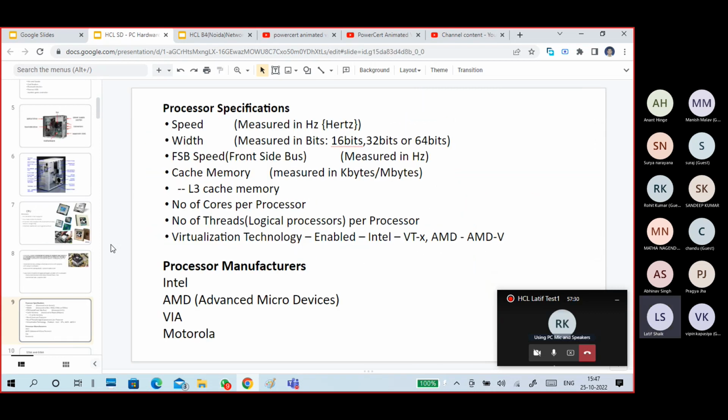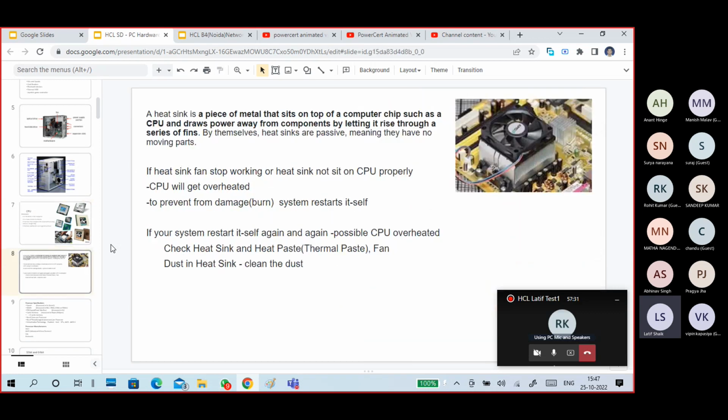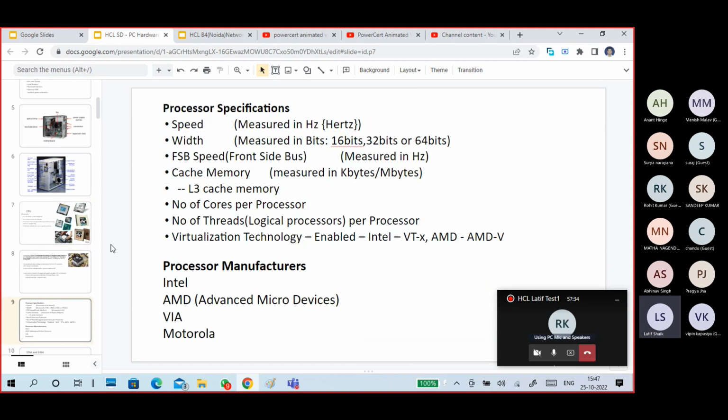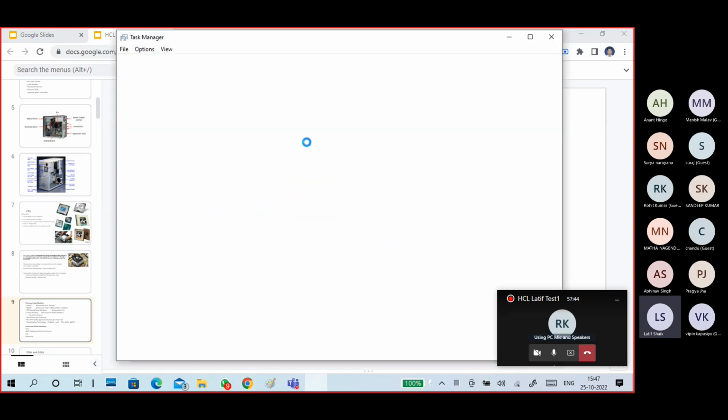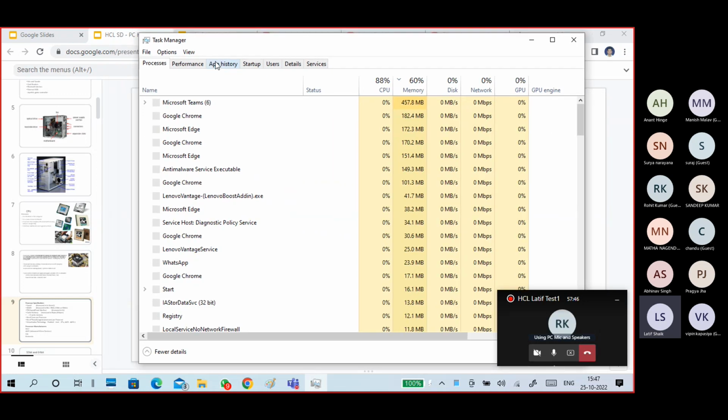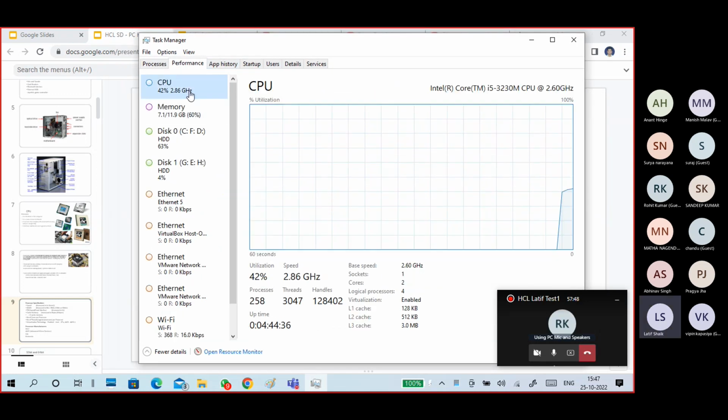When you check your system configuration and look at the CPU, a few things we can see. What is the speed of the processor? Already we know how to check the system configuration, right? So you will see, this is my 2.6 gigahertz processor.